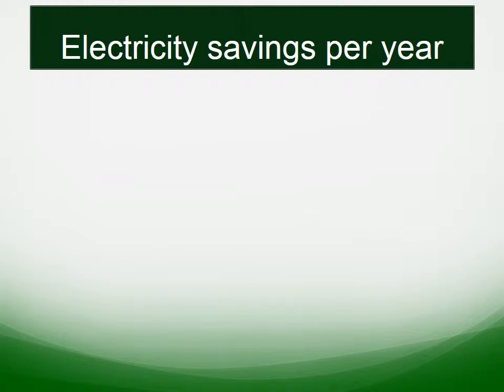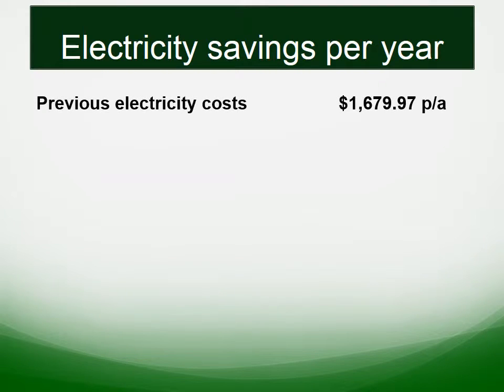Lastly, let's work out Melanie's electricity savings per year once she installs the solar system. Okay, so we now know her previous electricity costs prior to installing the solar system was $1,679.97.